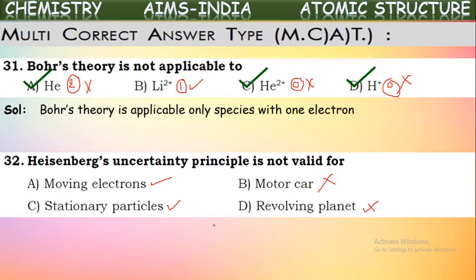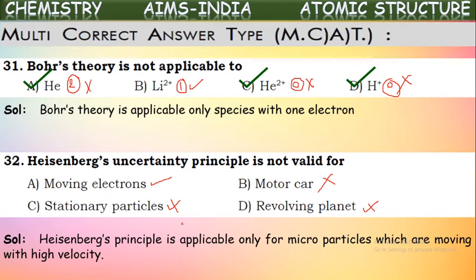Now for the stationary particles, for the revolving planets, and even for the motion of the cars and vehicles, this principle is not applicable. Only for the particles with very small size and with a high velocity is this principle applicable. Heisenberg's principle is applicable only for microparticles which are moving with high velocity like electrons. So only for the electrons it is applicable, but here they're asking for which it is not applicable. So for these three.